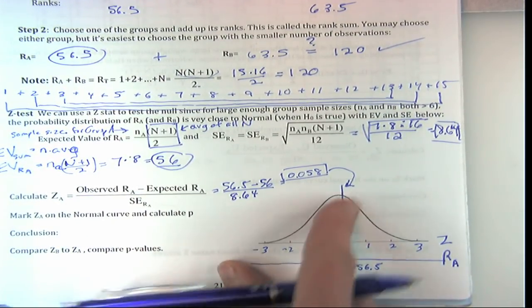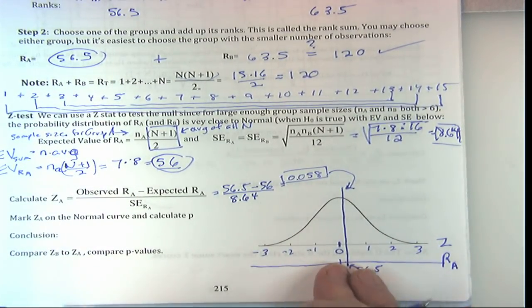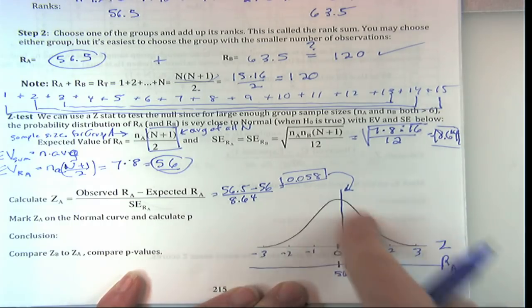Because you expect to get 0, but you're not going to get exact. So I was delighted if I saw something like this, because I would say, wow, they really are from the same distribution.